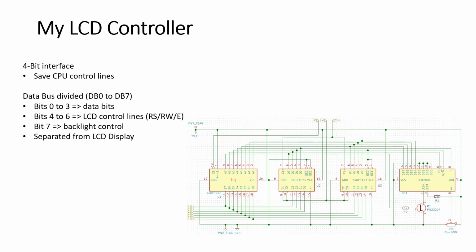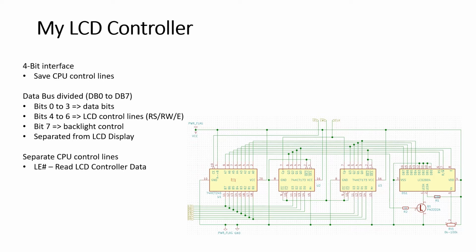So the whole LCD display is separated from the data bus, and reading from the display or writing to the display is done through my LCD controller. There are separate CPU control lines, which additionally to the data bus control that controller.